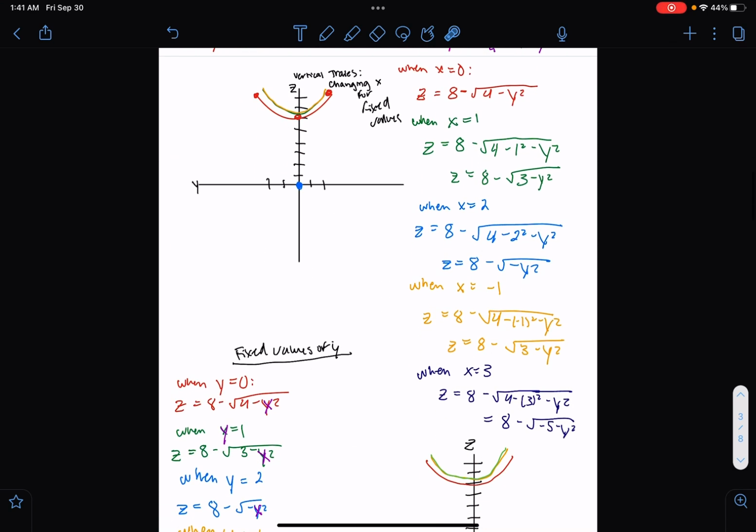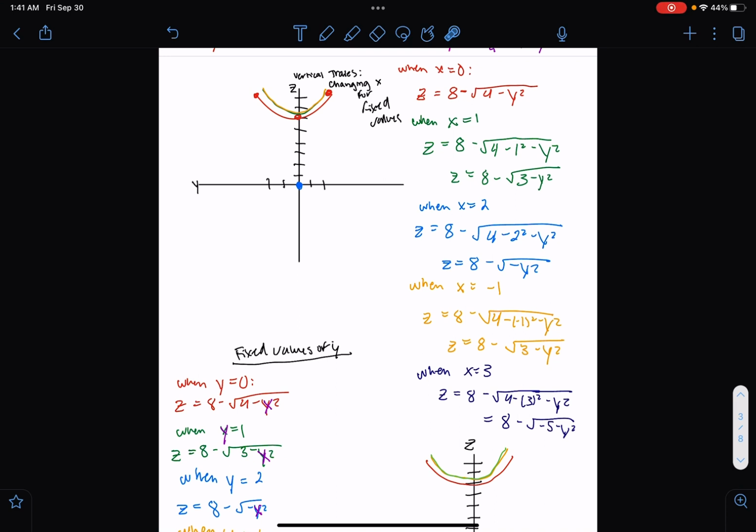So for the vertical traces, when we go on with changing x for fixed values, I started at x equals 0 and got this function, which is an upside down semicircle with a radius of 2. For x equals 1, here's what I got, and I plotted those.